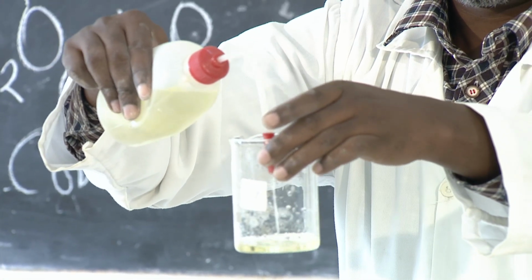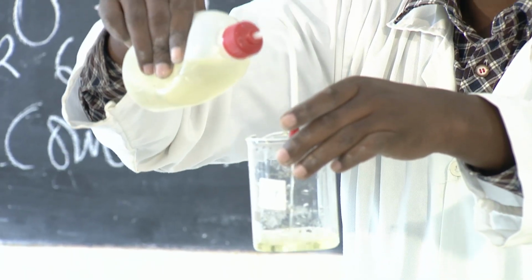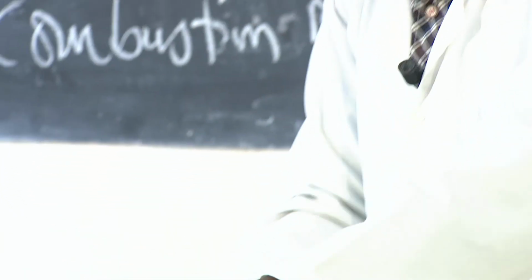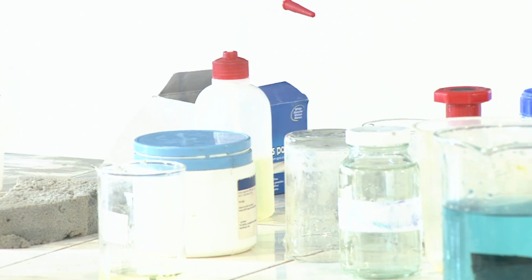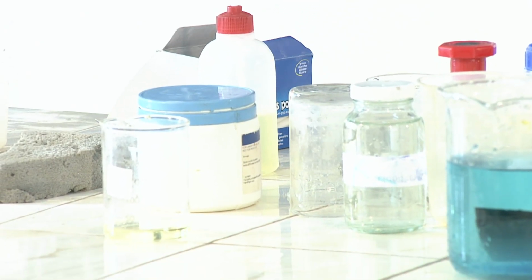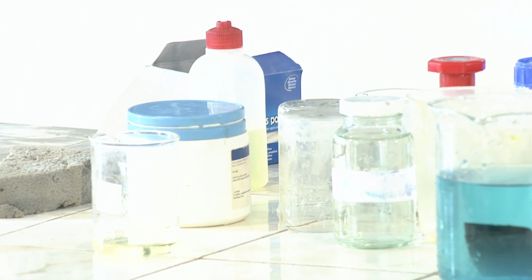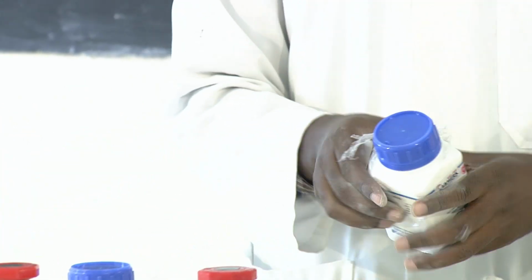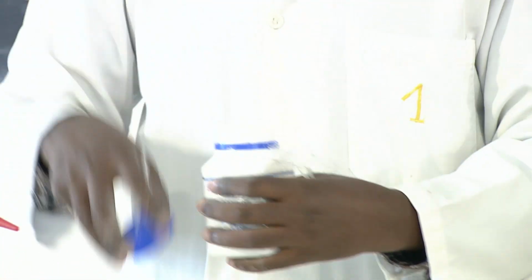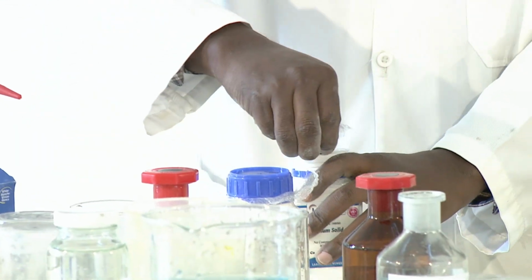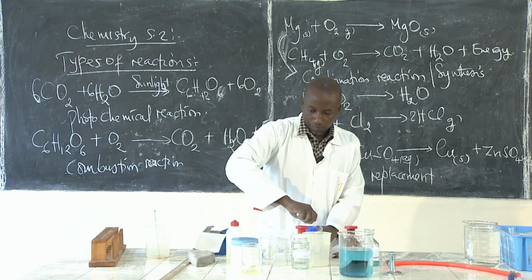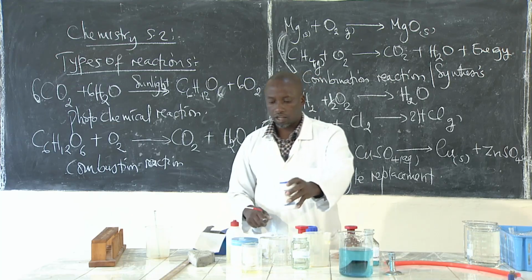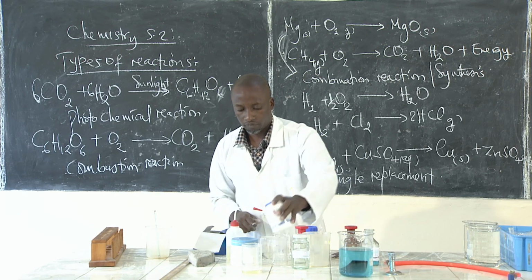I can just put a little here in the beaker. Then we'll put a little calcium metal there. This is also another example of a single replacement that we can look at, that can help us to understand what is happening.